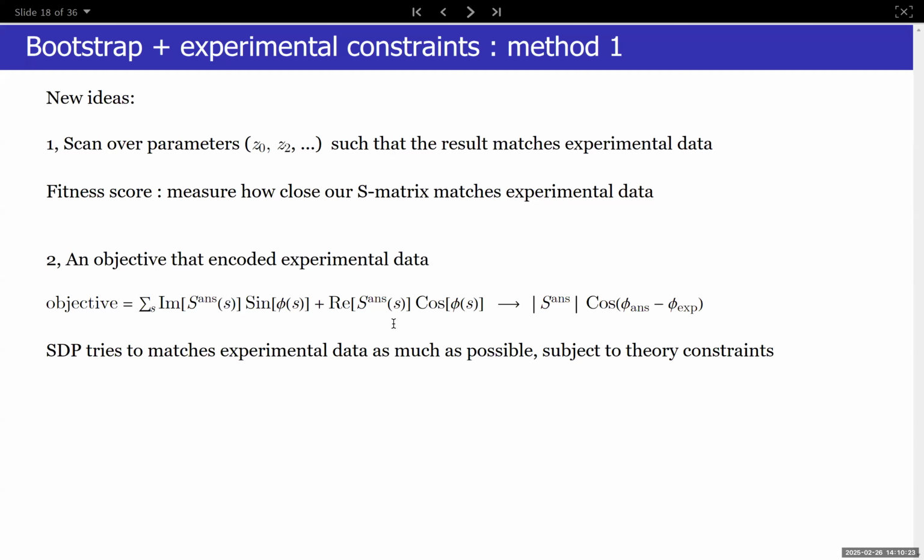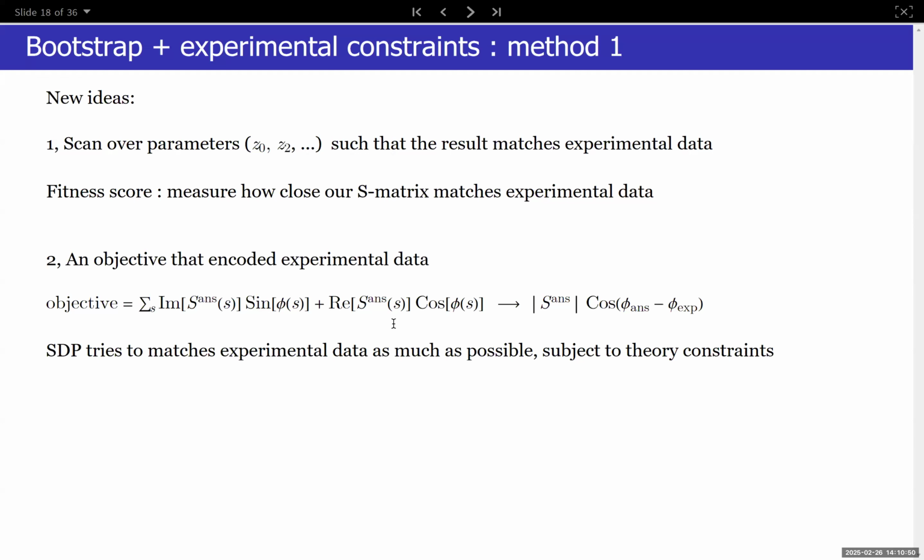We can define a fitness score that measures how close our S matrix is compared with the experimental data, scan over different parameters, and try to find the best fit. That is one approach.